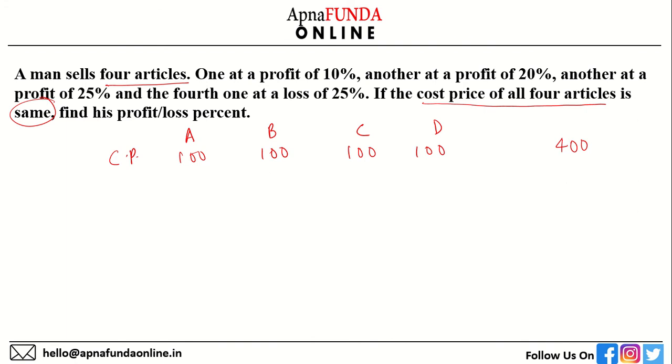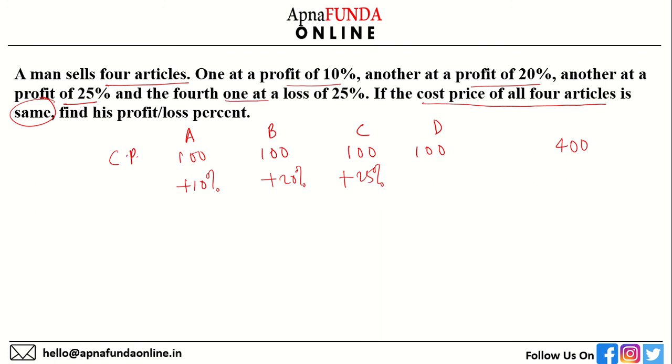Now each of this is either sold at a profit or a loss. The first one at a profit of 10%. So let's make 10%. Another at a profit of 20%. So say B is sold at 20%. Another at a profit of 25%. So C is sold at plus 25%.